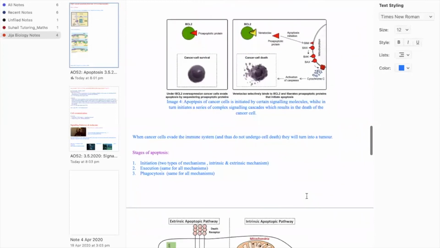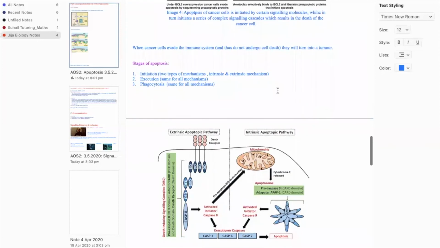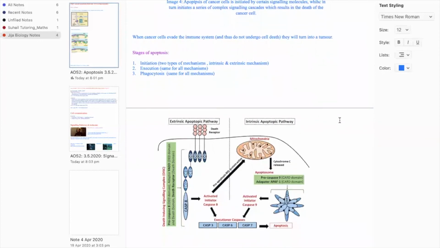And I've got a brief overview of apoptosis, showing that there are 3 stages. We've got the initiation stage, and initiation is when there is a binding of a signaling molecule, and this signaling molecule can either be extrinsic or intrinsic.